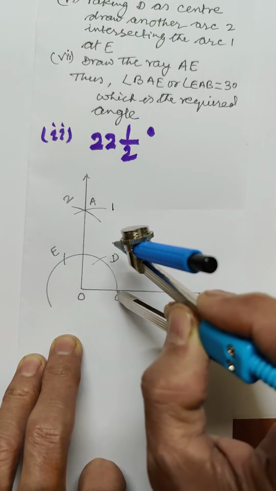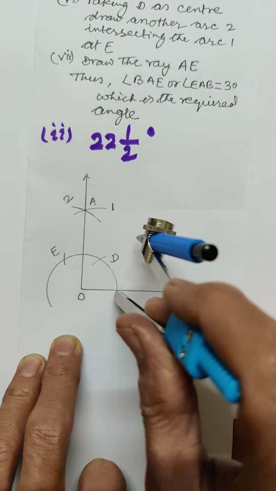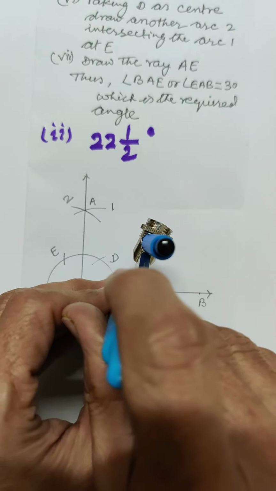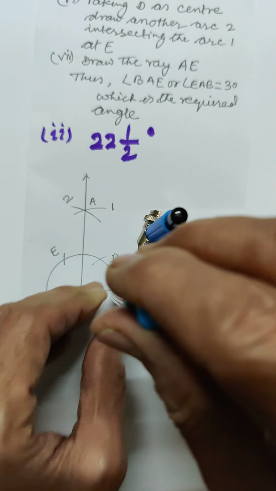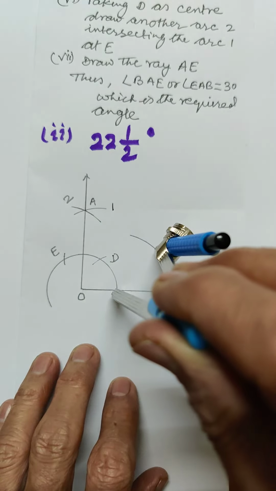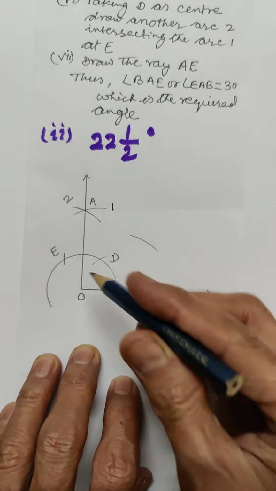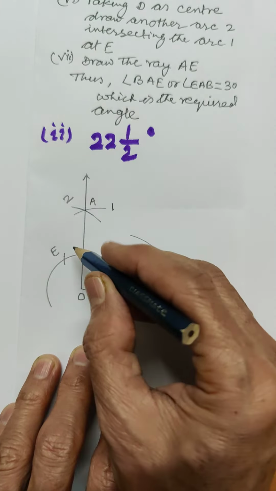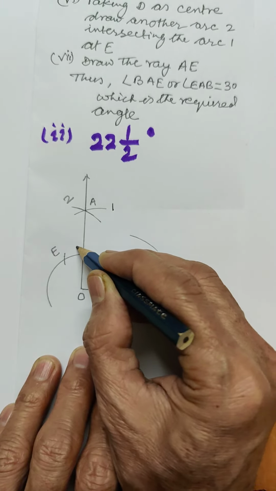So taking C as a center, we shall draw an arc. Say where this ray OA intersects, this is point P.